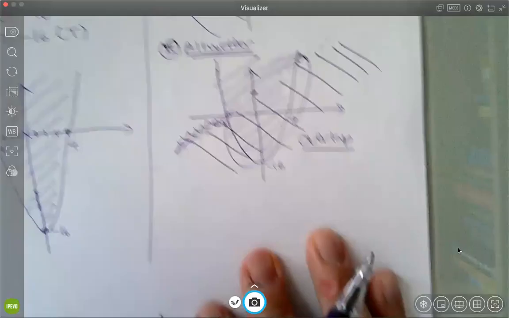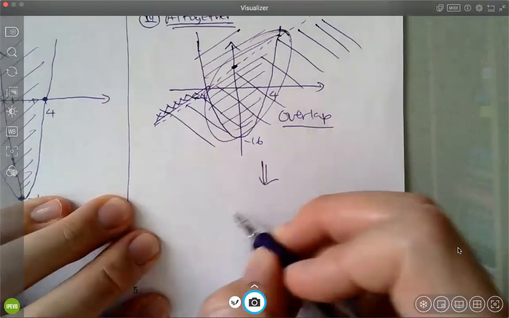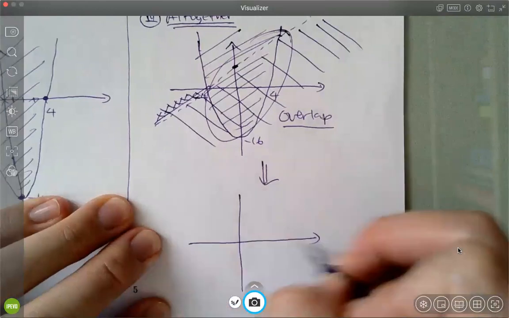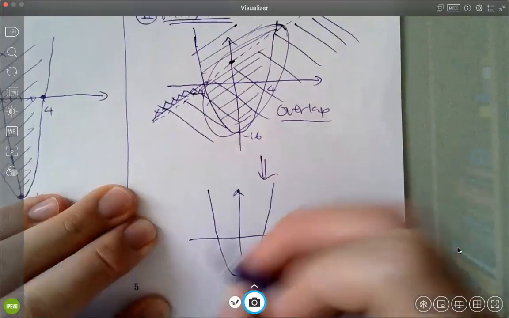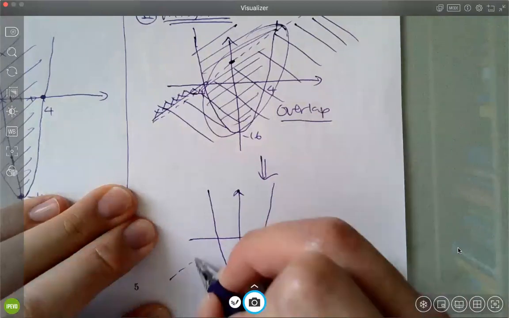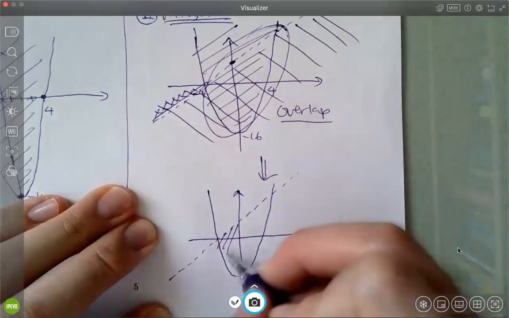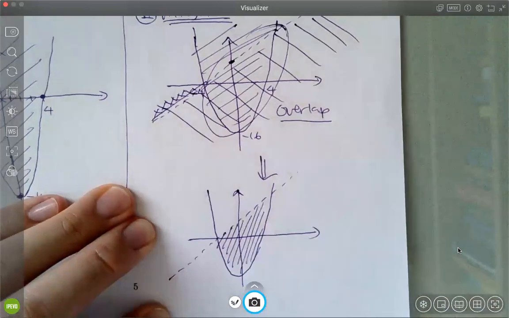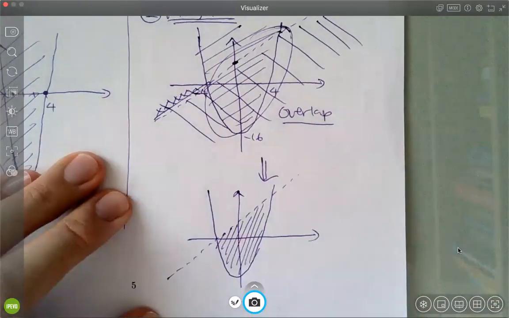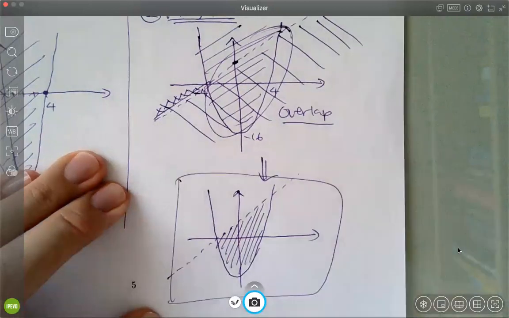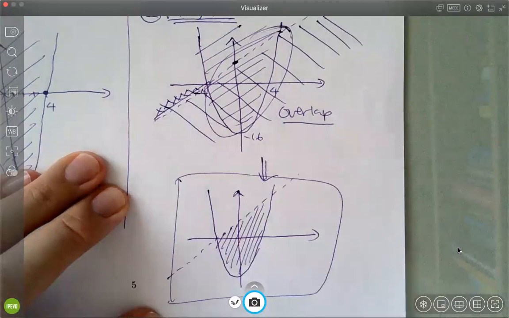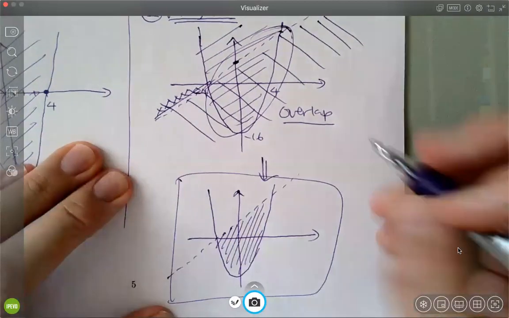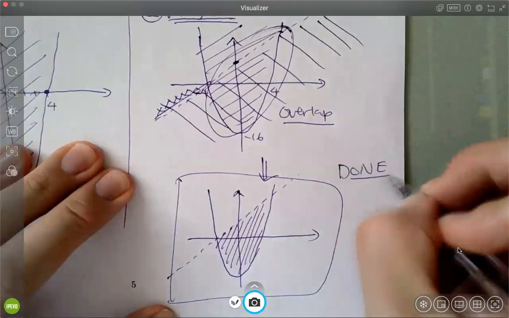The final answer is, so again, it looks like this, and then this, and then this region, right? Okay, any questions on graphing systems of inequalities? Okay, guess what? We are done.